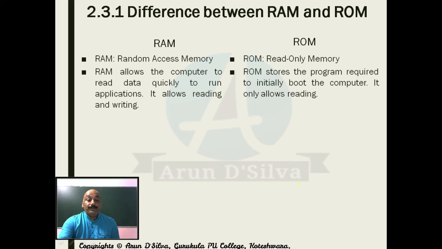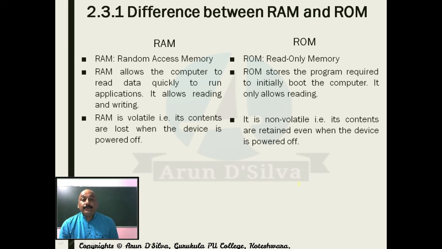Third difference, RAM is volatile, ROM is non-volatile. In RAM, as soon as the computer gets switched off, the contents get erased. ROM remains forever. Even though the computer is not working, the contents will be present for a long period.